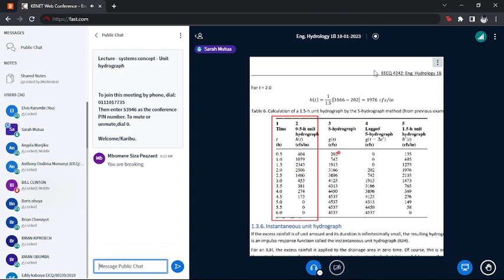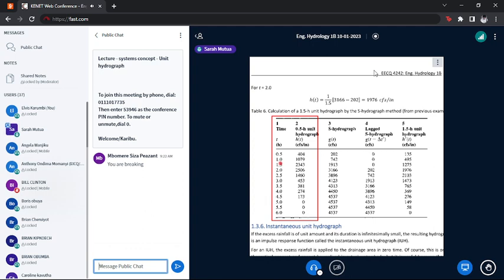To get the S hydrograph, G of t is given by dt times h of t. This is h of t. So G of t here is equal to 404 times 0.5, which is 202. For t equal to 1 hour, G of t is equal to h of t plus h of t minus 0.5.